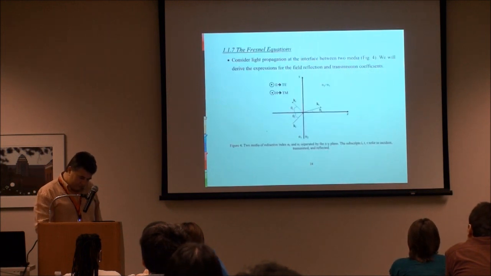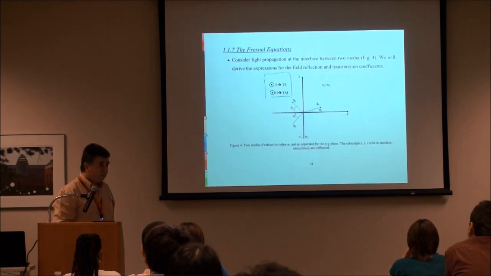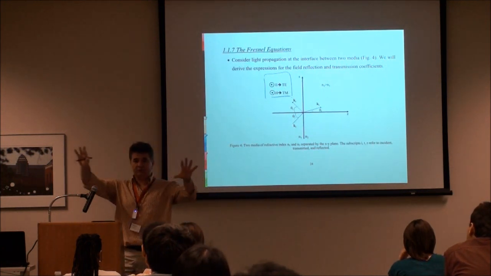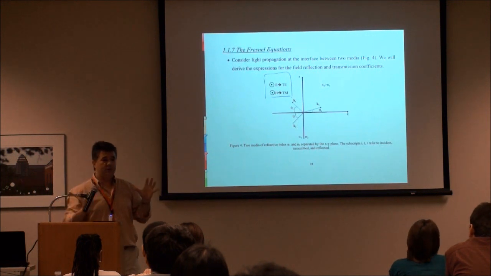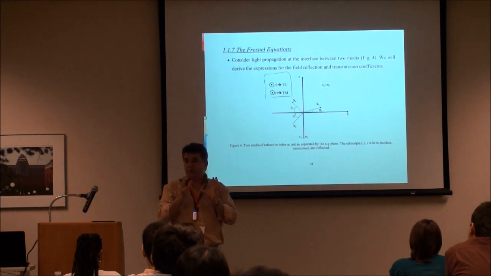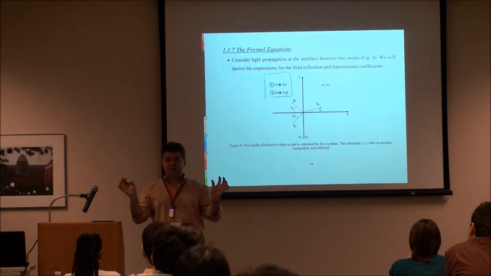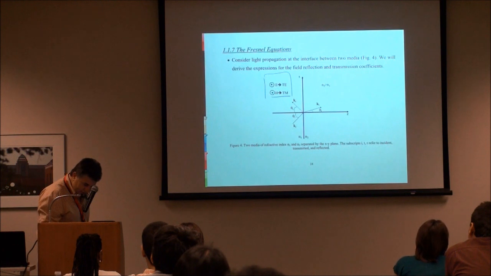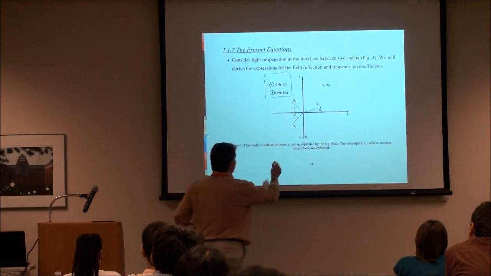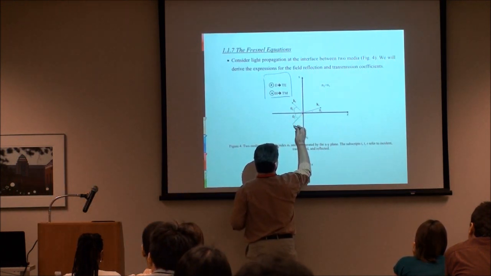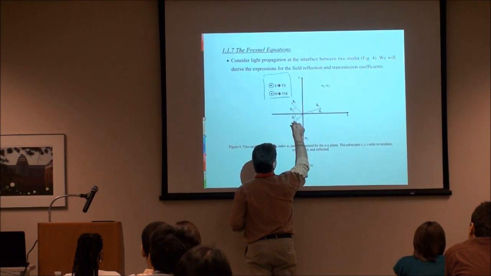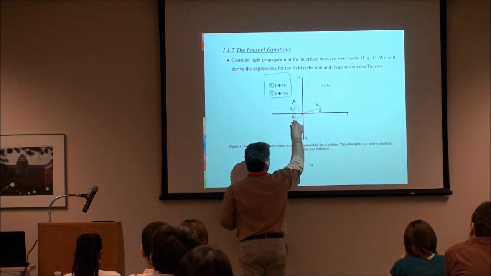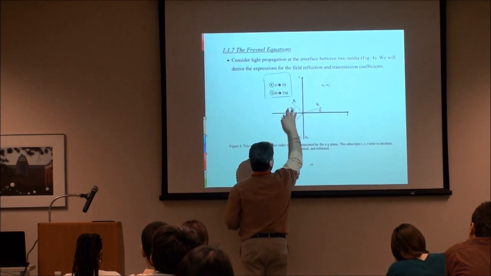So it turns out that the problem naturally breaks into two situations. I don't think I have the proof here, but it naturally comes out. If you work out the curl, you're going to see that the problem breaks down into two. One, when the electric field is perpendicular to this plane. In other words, my k comes in and the E is perpendicular this way. That is called transverse electric. For obvious reasons, this E is transverse to this plane.